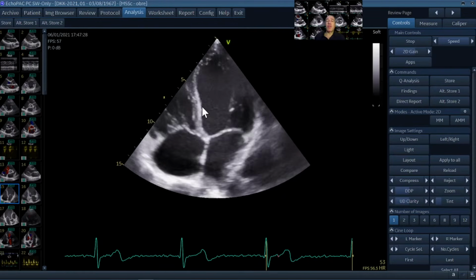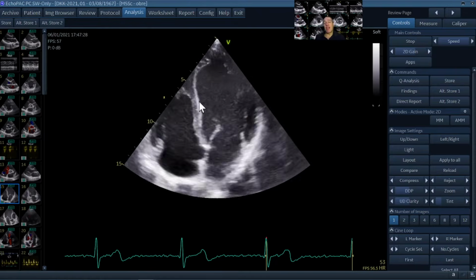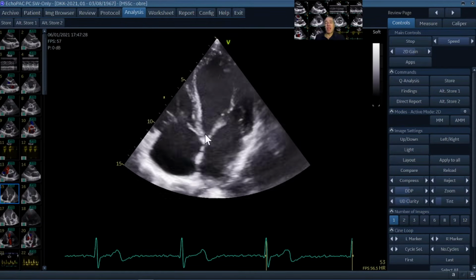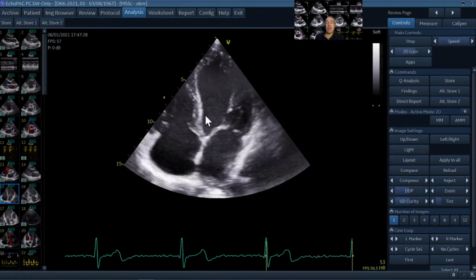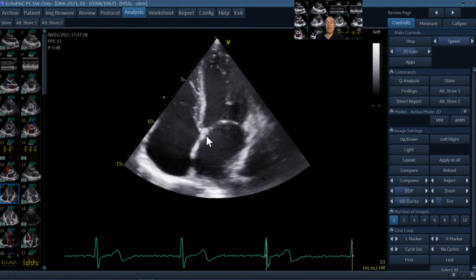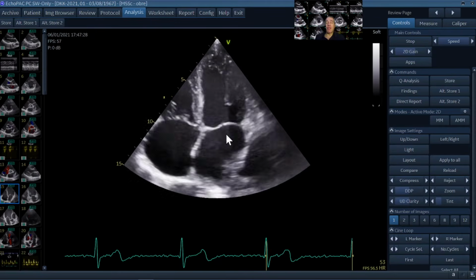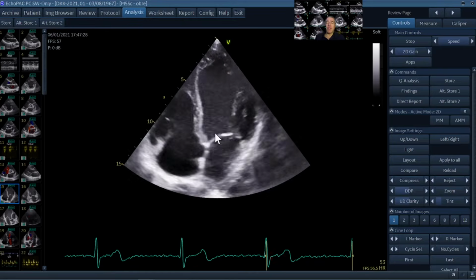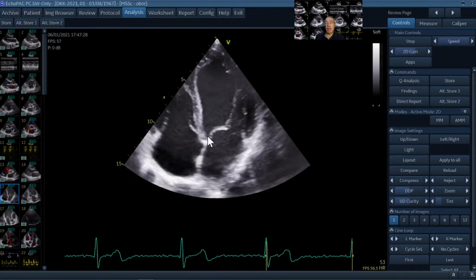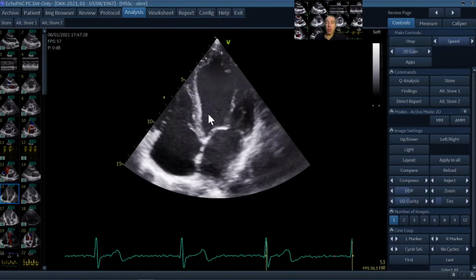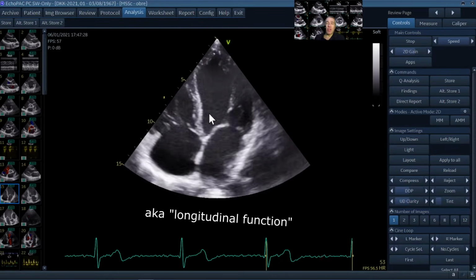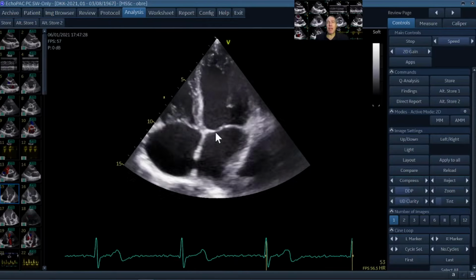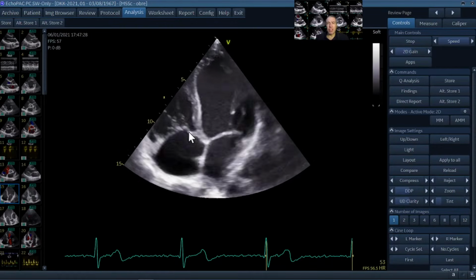And what you also notice, the ventricle is not only thickening inwards in the radial inward motion, it's also moving along the long axis. So the level of the mitral valve here, or the tricuspid valve, is not on a constant level, but it's moving up and down, and that is the very important long axis contraction or long axis function of the left ventricle. I will come back later to the RV function analysis.